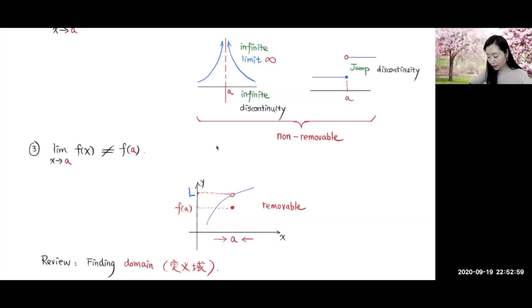However, this limit and f of a are not equal, so this function is not continuous at a. You can see on the graph there is a break over here. This is a removable discontinuity because you can fill in the single dot here to go from one side of the graph to the other.